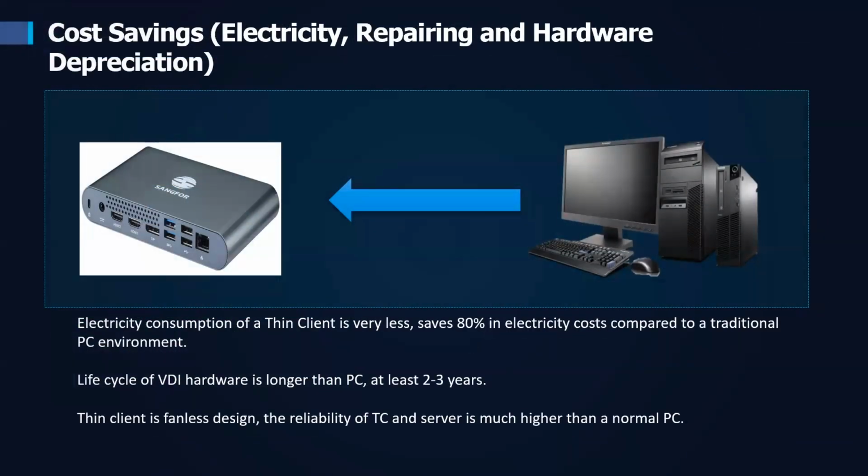A lot of our customers are asking how we can save the cost and how we can have data protection. As the previous slide mentioned, your data will be residing in your data center.